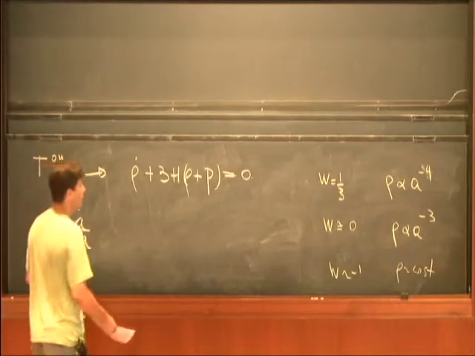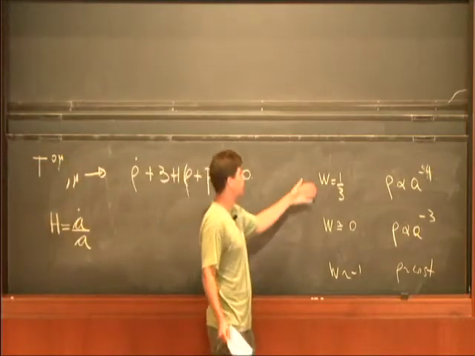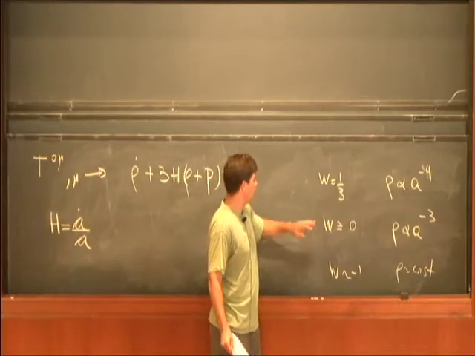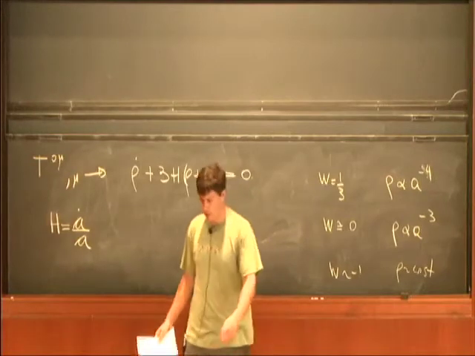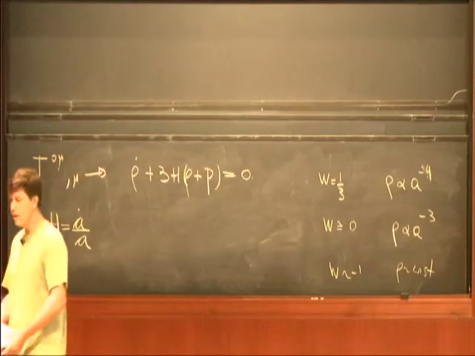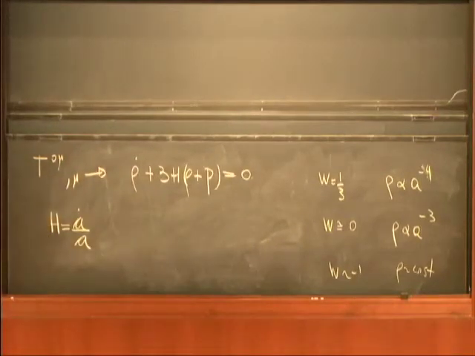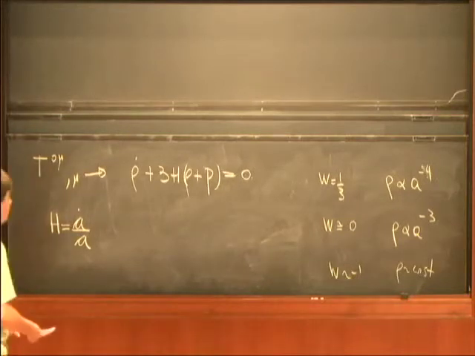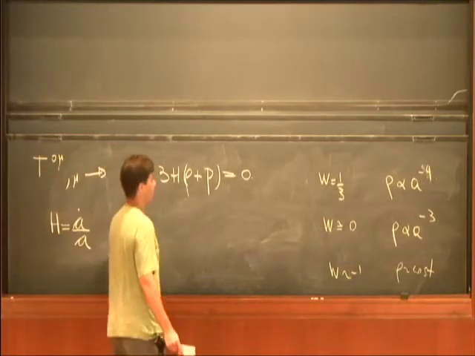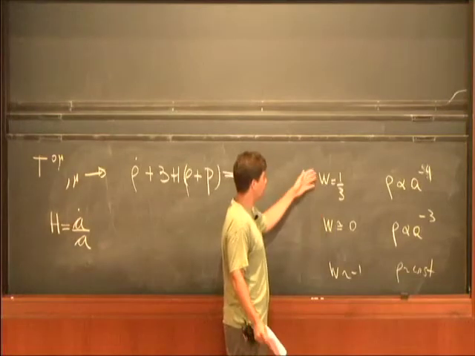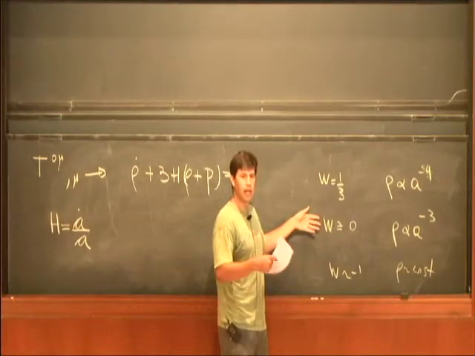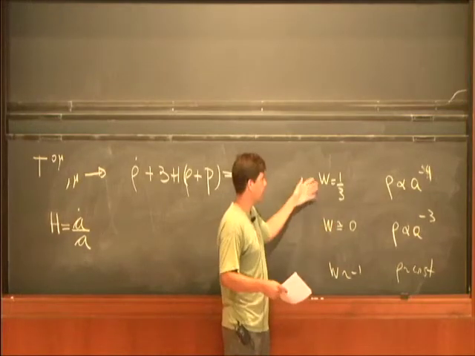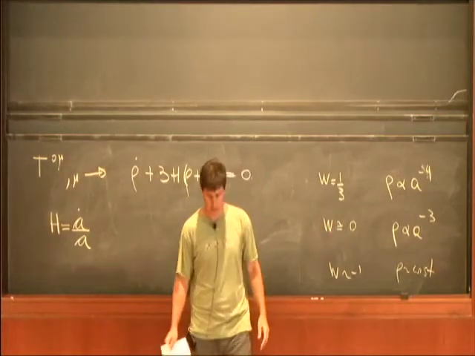For example, there is a specific time in the history of the universe at which the density of matter and radiation are equal. That's called matter-radiation equality. Depending on whether perturbations are larger or smaller than the Hubble horizon at that time, they will behave differently.